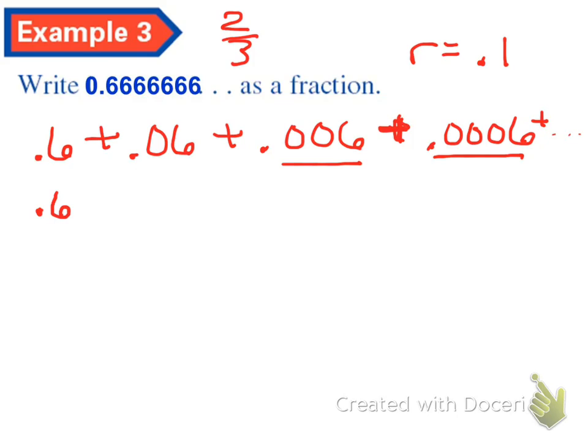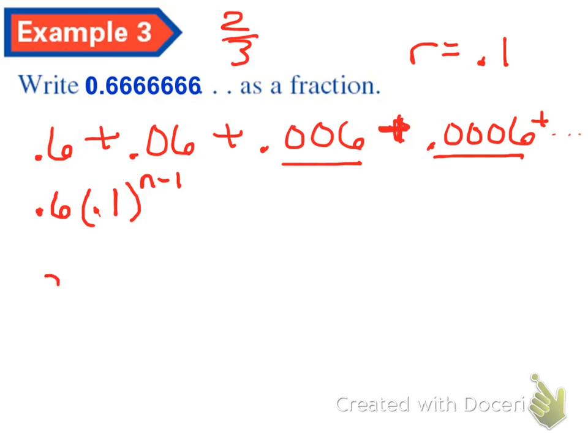So remember, then the rule can be written as the first term, which is 0.6, times the rate, which is 0.1, raised to the power of n minus 1. And we would be doing the summation of this. So that would give us our first term, second term, third term, fourth term.